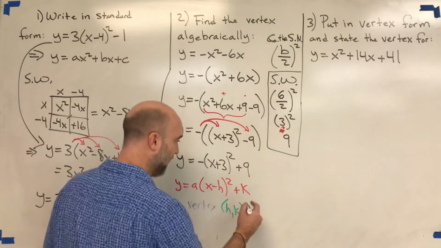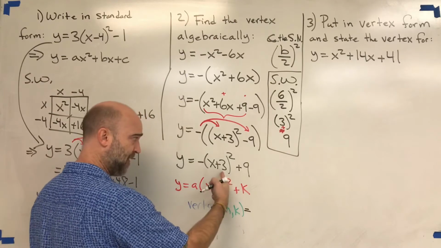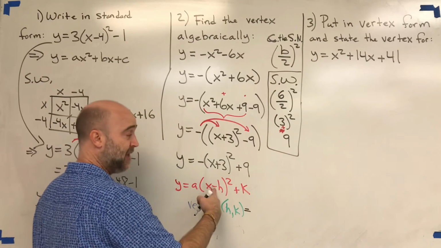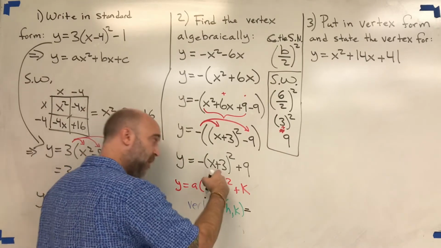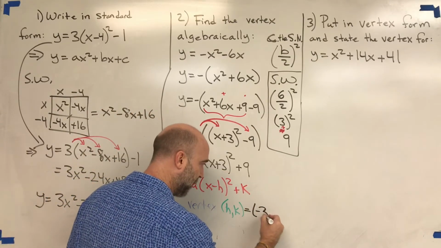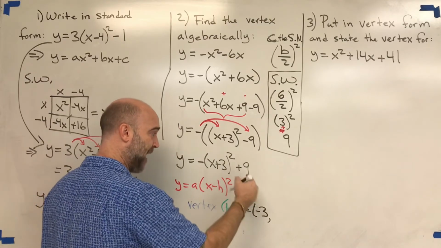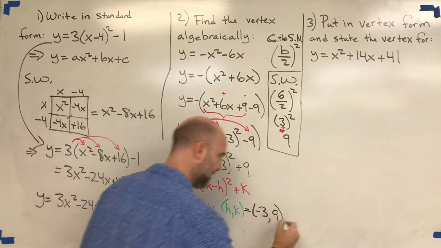So our final answer is, h is the opposite of whatever that number is. That's my trick. Since that's a negative h, it's an opposite of whatever that number is. So that's a negative 3, comma, and then that last one is your y value. It's just 9.